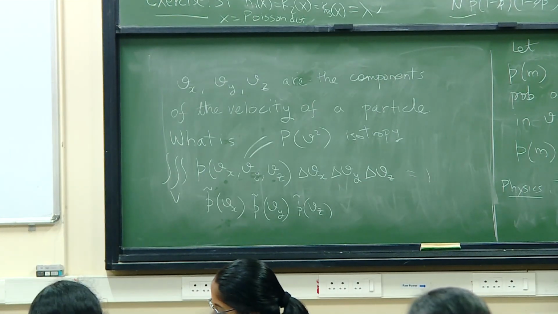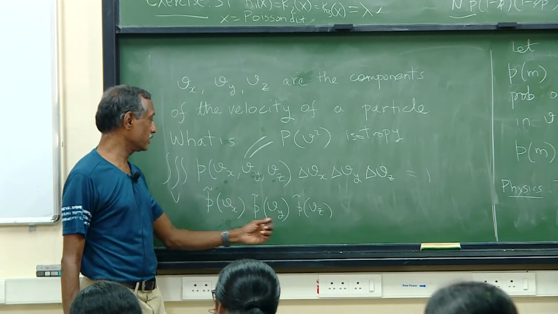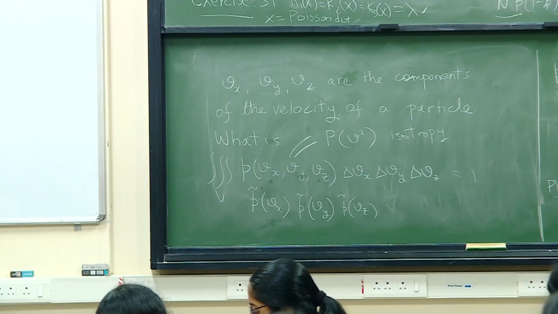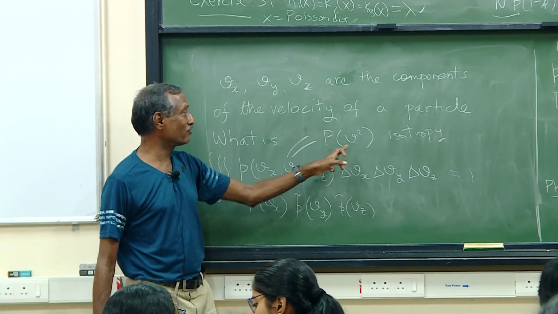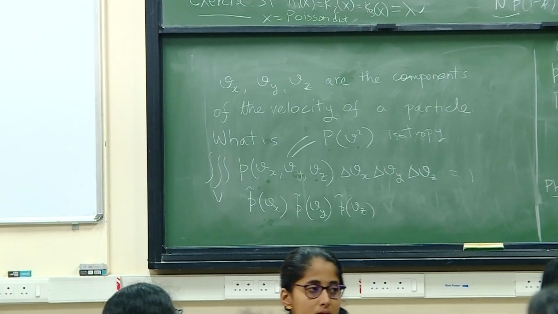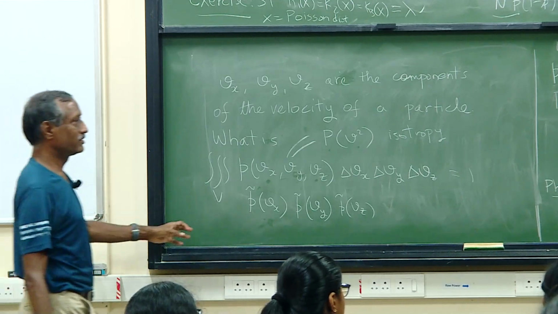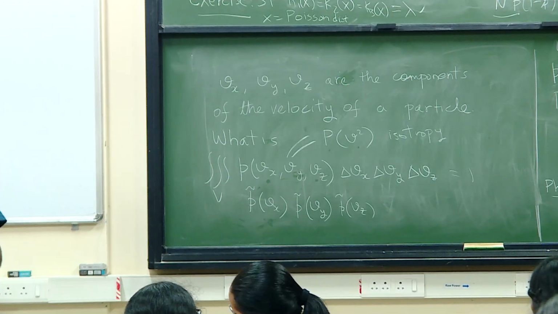So this quantity should be writable as a product of three identical functions, and also as some function p of v squared. It turns out that this requirement fixes the answer, and I'll write the answer.